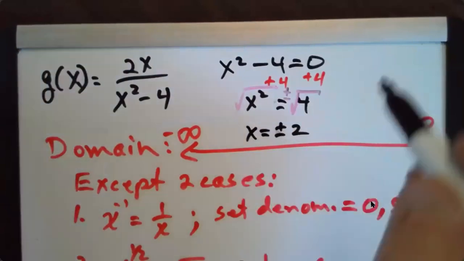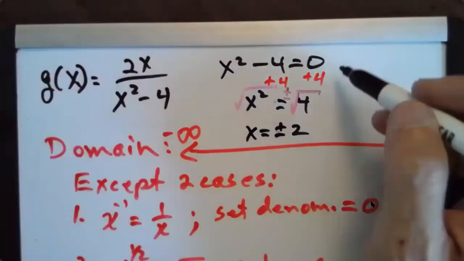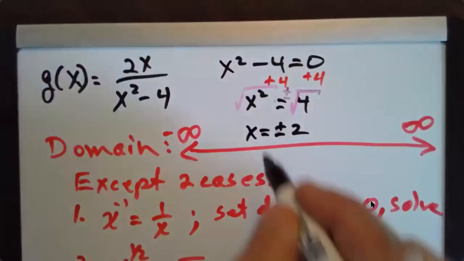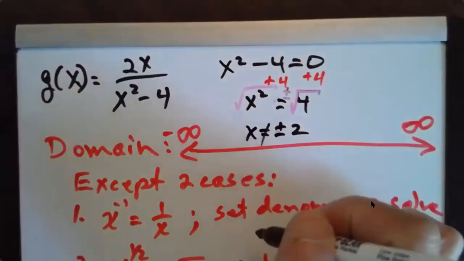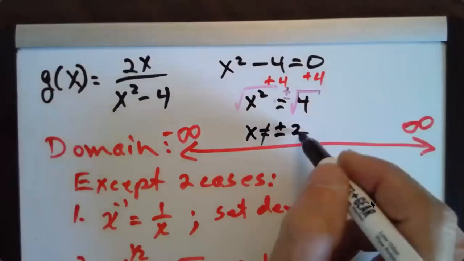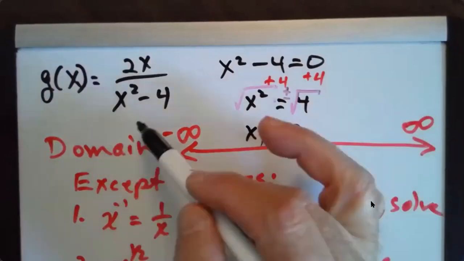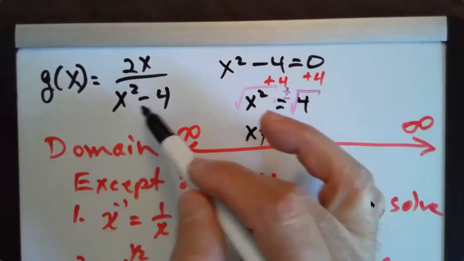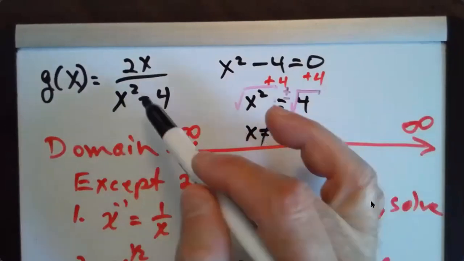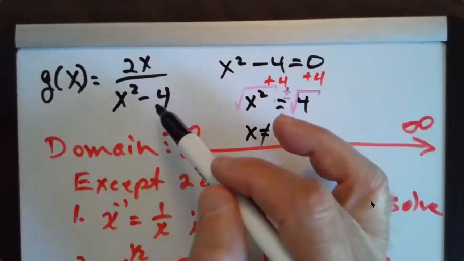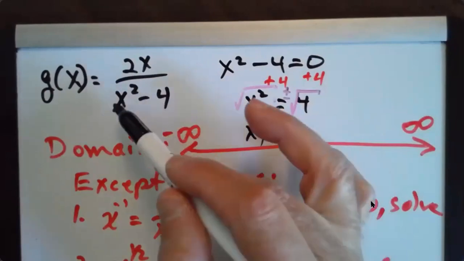Okay, so therefore, our domain is all real numbers except where x is plus 2 and minus 2. Because if you put a positive 2 in here, 2 squared is 4, 4 minus 4 is 0, you get 0 in the denominator, and that's undefined. Same thing if you use negative 2.